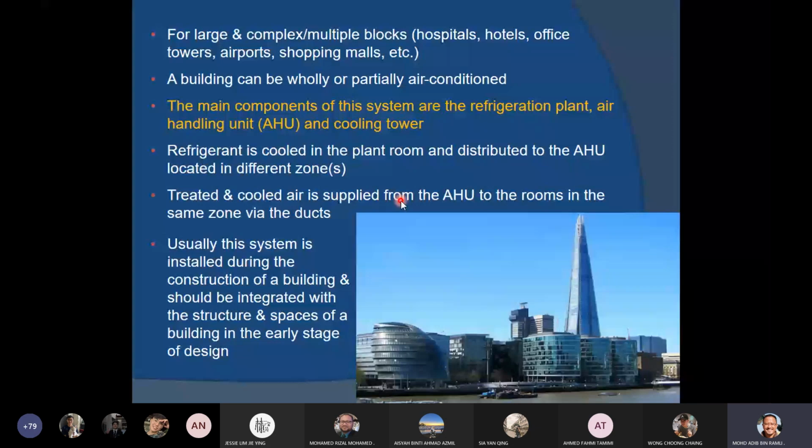So normally for a plant system, you would have multiple AHUs. You have a number of AHU rooms located in different zones. This zone can be a group of floors.